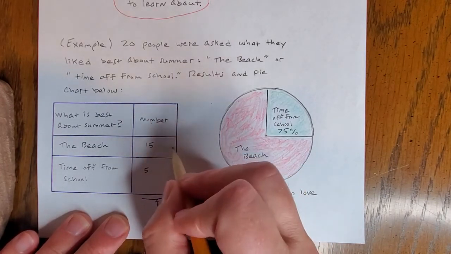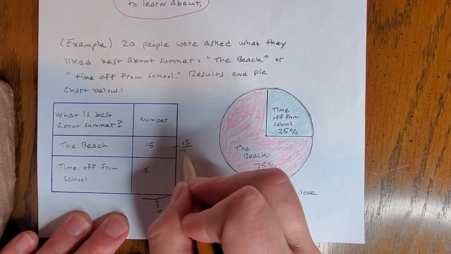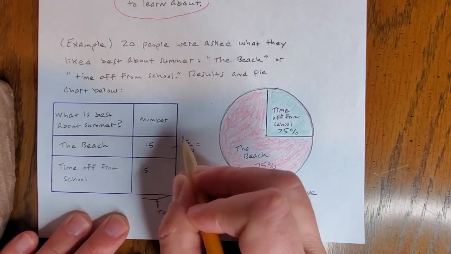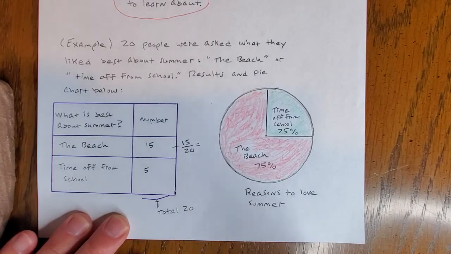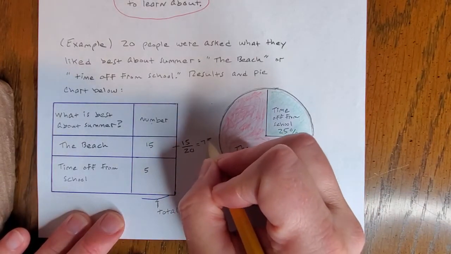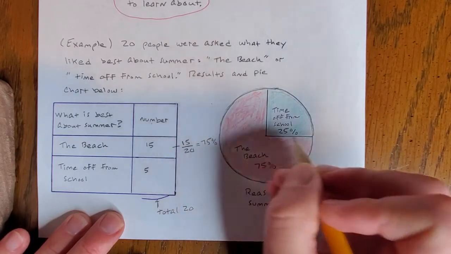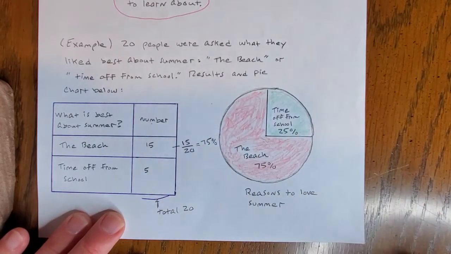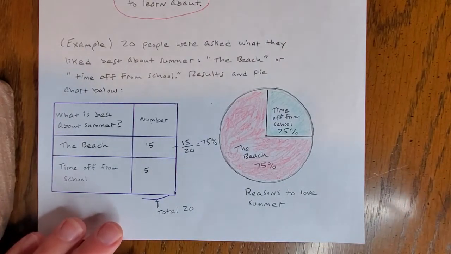What's 15 out of 20? If you get your calculator to take 15 out of 20, that turns out to be 75%. When you divide 15 by 20, you'll get a decimal, 0.75, which is interpreted as 75%.